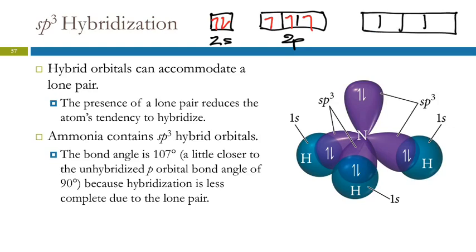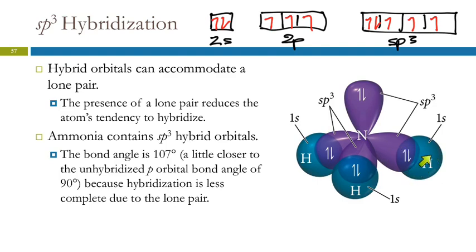Now when we put 5 electrons in there, we fill them each halfway, 1, 2, 3, 4, and then one of them pairs up. This is the lone pair, and these are the 3 half-filled hybrid orbitals shown here. Those can overlap with the hydrogen atoms and form bonds.